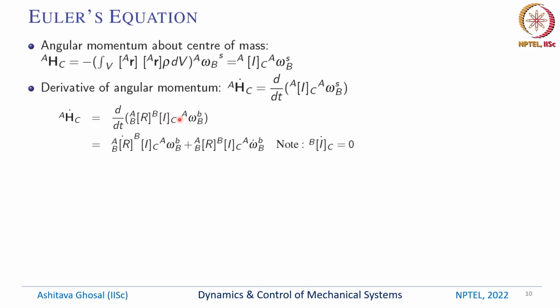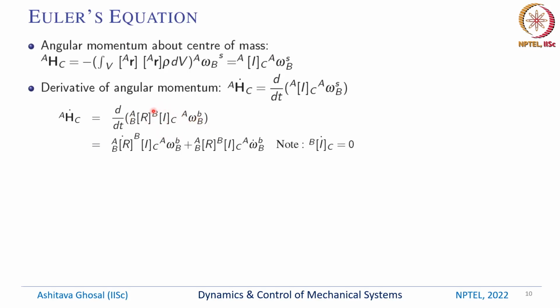If you go back and see the notes, the inertia matrix in the B coordinate system and in the A coordinate system are related by R I R transpose. And that R transpose into this will give you the body fixed angular velocity vector. So these two terms in the bracket can be written as some rotation matrix into the inertia matrix in the body coordinate system and the body fixed angular velocity vector.